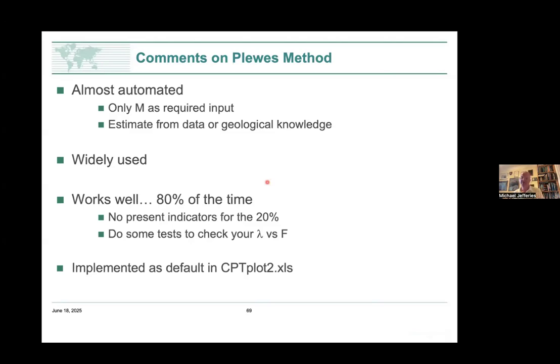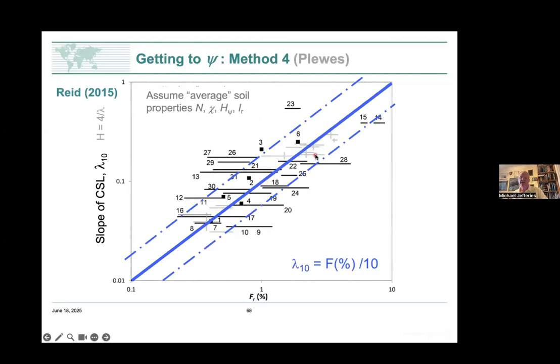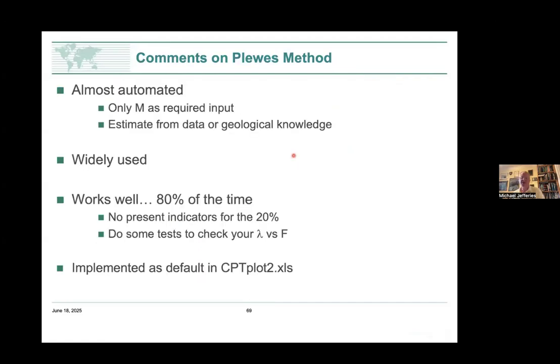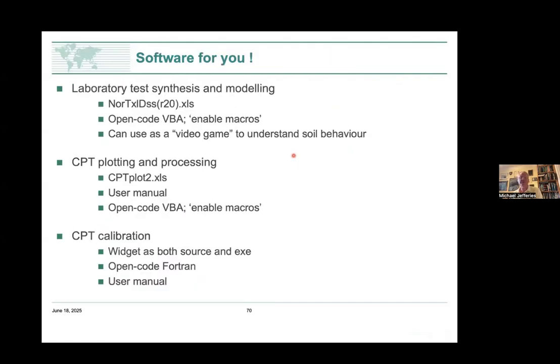What you can do is get some samples yourself and check where your site lies in here. Are you high, are you low, or are you in the main trend? And what the CPT plot software does is allow you to adjust your site to the average trend line. So you can actually do a little bit of testing, and away you go.